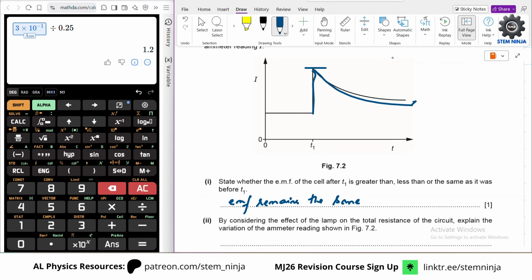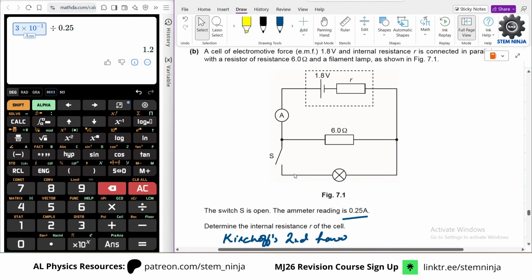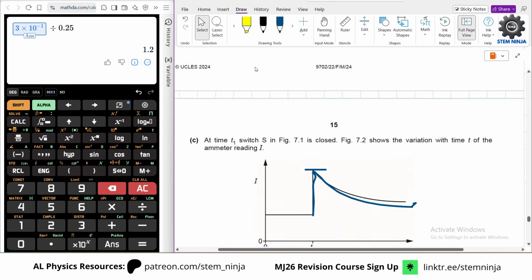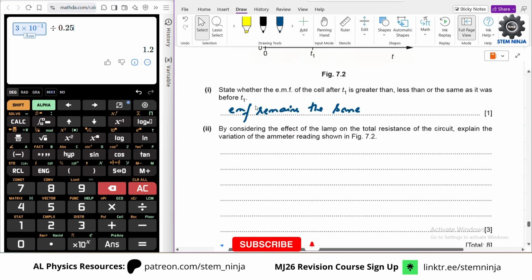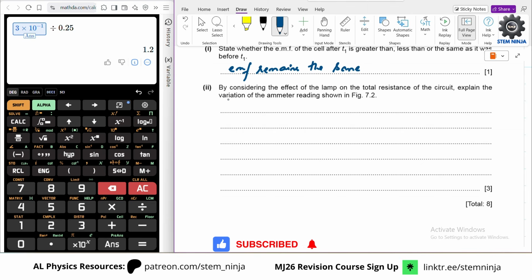Because of the sudden drop in net resistance, because as you can see, this and the 6 ohm resistor are in parallel with each other, so the net resistance of the circuit is decreased, so that there will be a sudden jump in the current. However, we know that the filament lamp is a non-ohmic device. As temperature increases, the resistance would increase. That means the current would start to decrease. Okay, so that's the explanation for this.